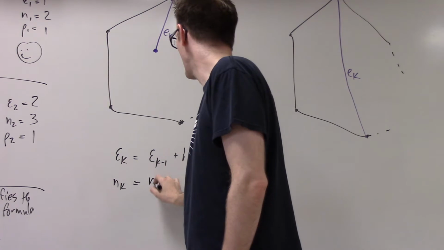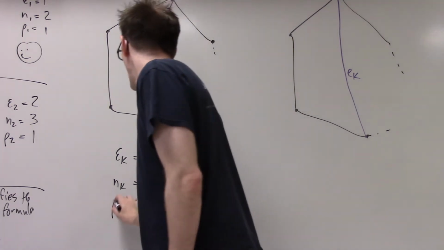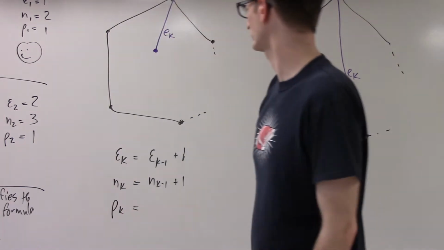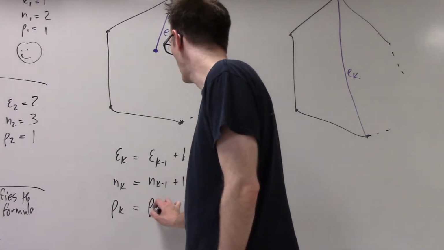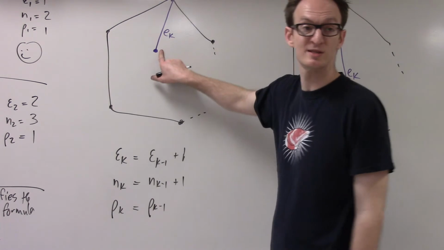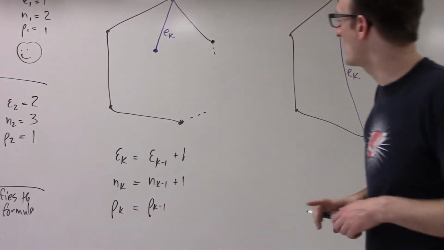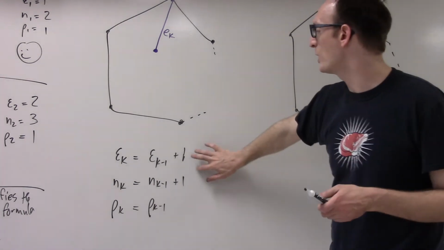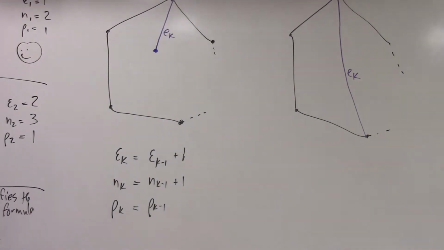What is rho sub k? It's just rho sub k minus 1, still the same. No new regions have been created. So I've added 1 to the number of edges and 1 to the number of vertices. These cancel each other out, and therefore the formula still holds.